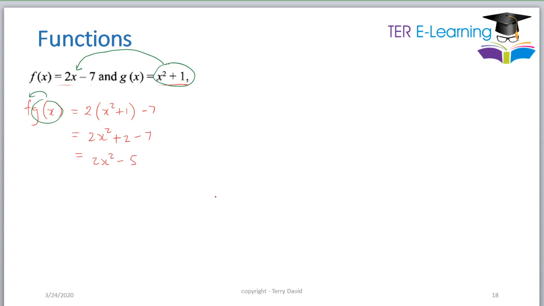So it is 2x squared minus 5. That is what the function f of g is, right?